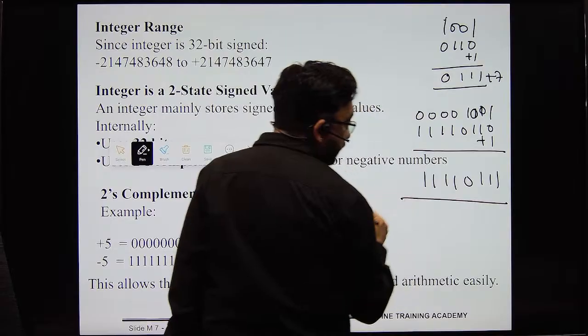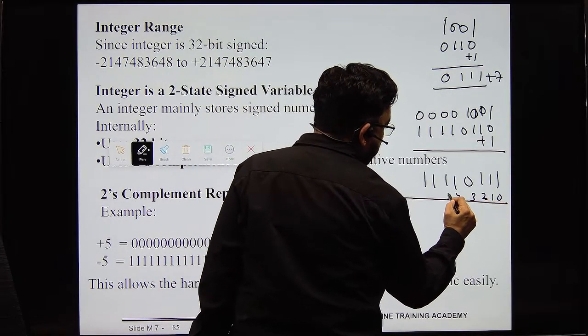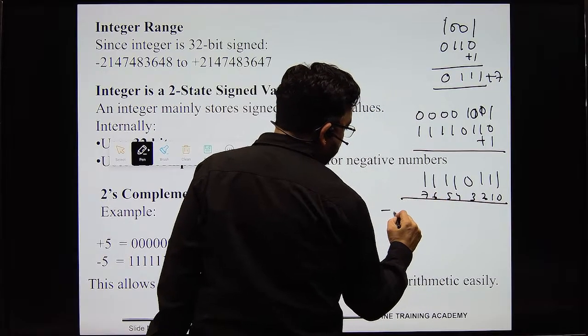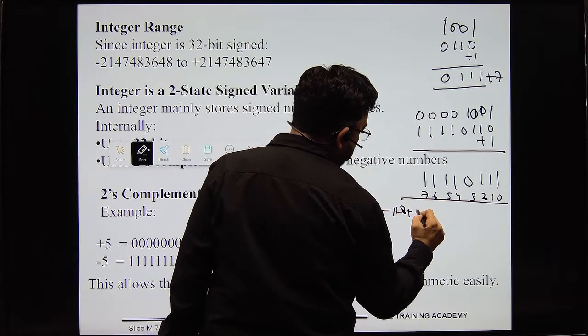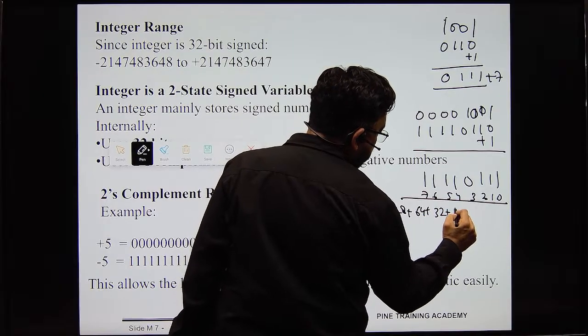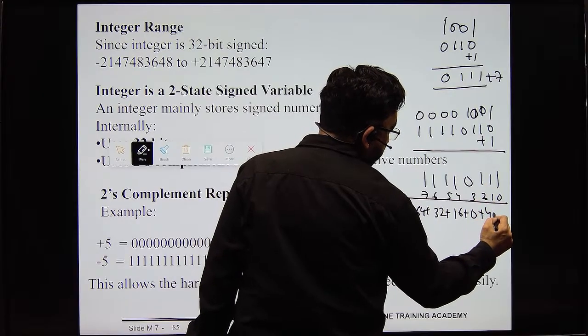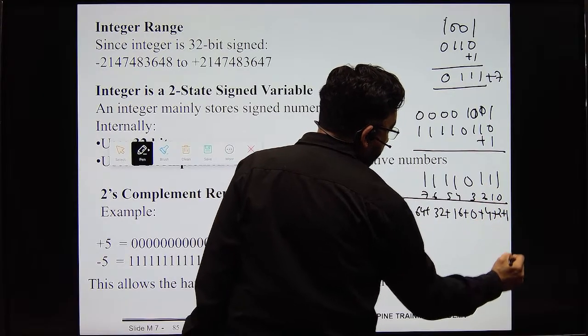Now convert into decimal. Positions 0 1 2 3 4 5 6 7. So -128 plus 64 plus 32 plus 16 plus 0 plus 4 plus 2 plus 1.